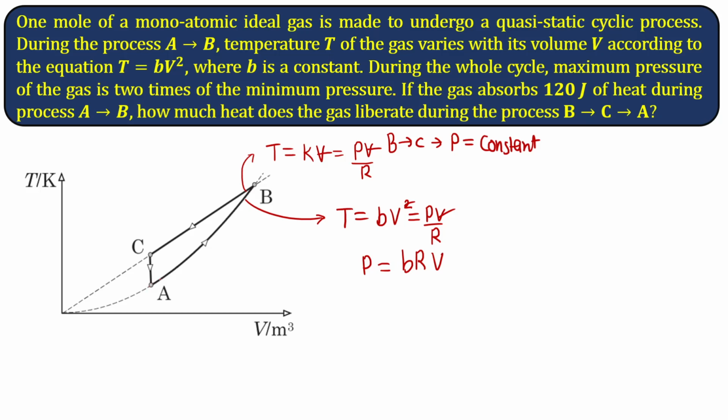From point A, the pressure was increasing till point B, from B to C the pressure was constant, and from C to A the pressure will decrease. So at A, the pressure will be minimum.